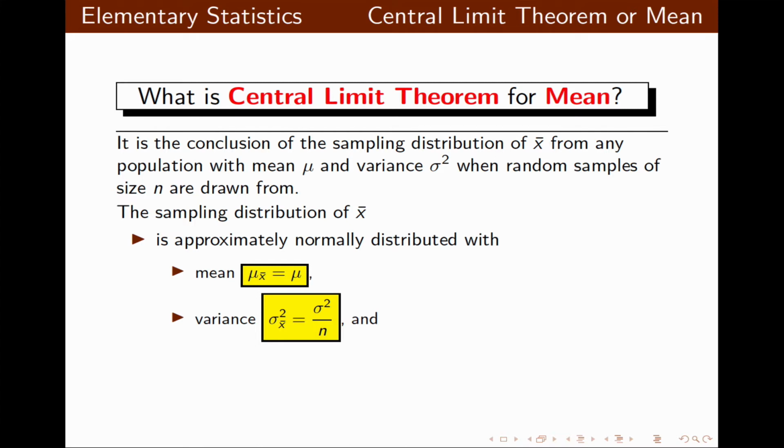The variance will be the variance of the original population divided by the sample size n, and the standard deviation will be the standard deviation of the original population divided by the square root of the sample size n. We're not going to prove these, but we're going to show that they seem to be valid through some examples.